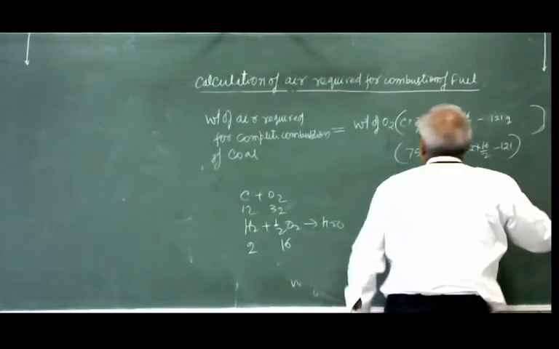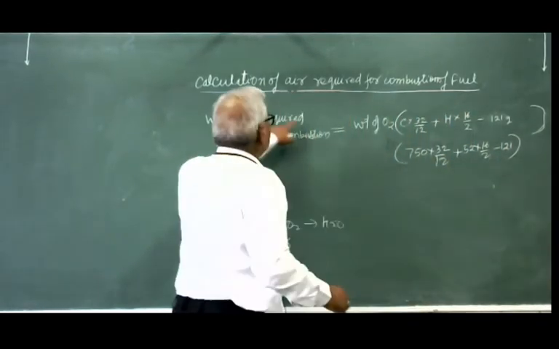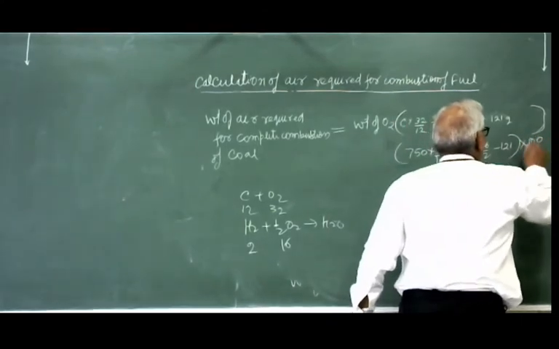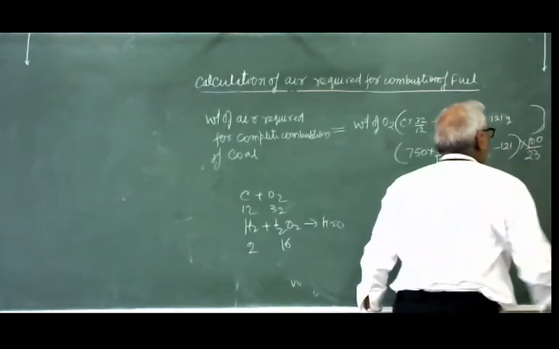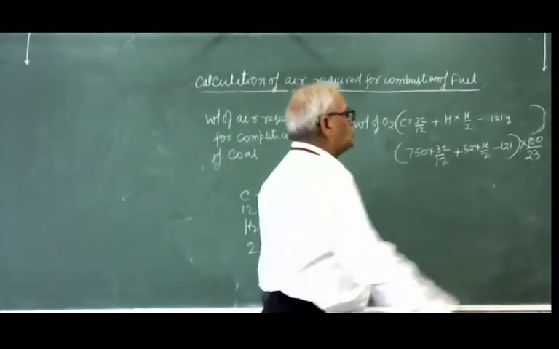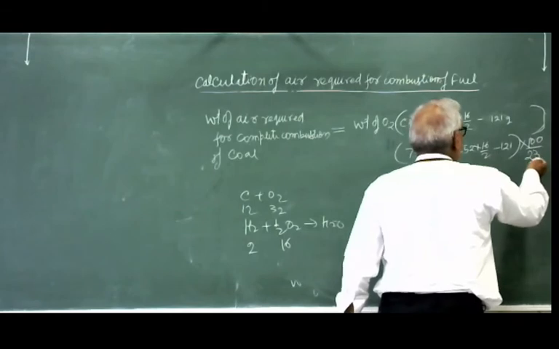Now you have to calculate the weight of the air. Already I have said that 23% of the air is oxygen by weight. So this is the converter, 100 upon 23.